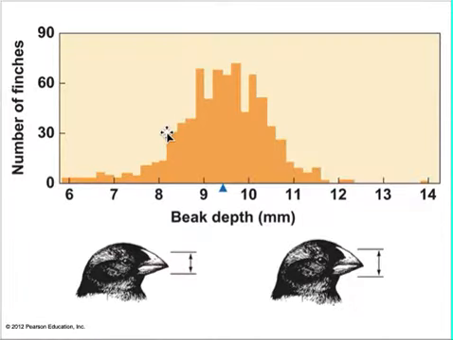For example, if you have this particular figure, you have the number of finches as well as the beak depth, so you will expect that a higher proportion of organisms or a higher number of finches has this beak depth. So you will expect that it has this particular phenotype, and of course, that phenotype, okay, is the expression of the genotype.